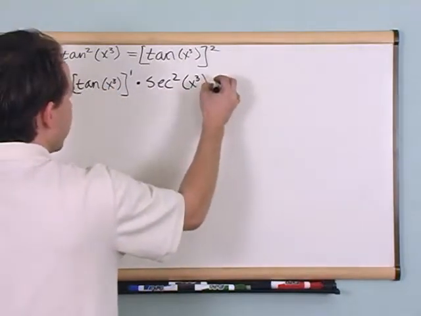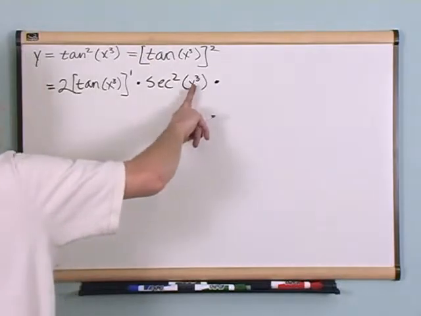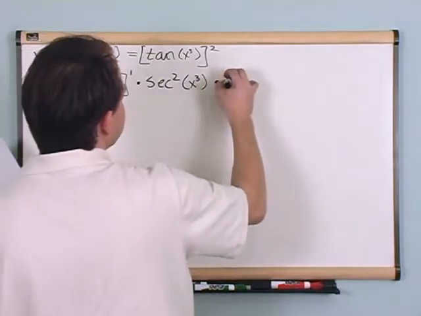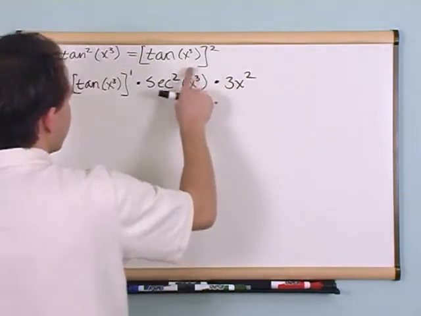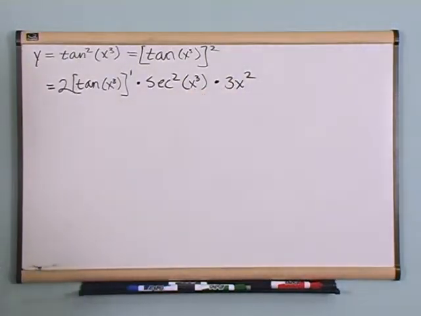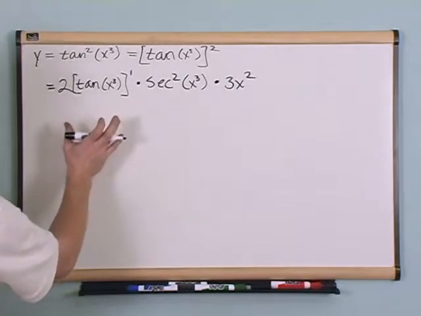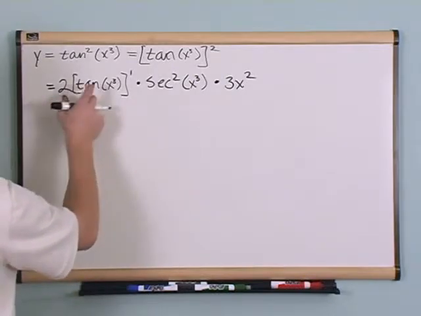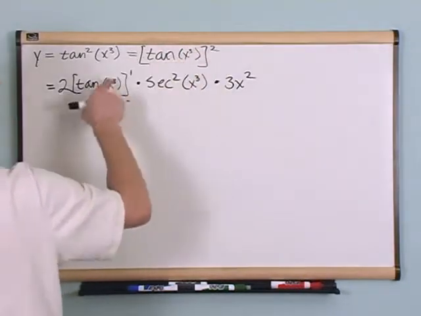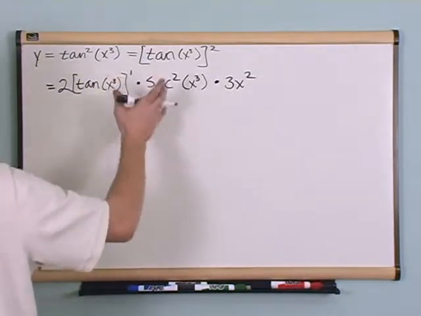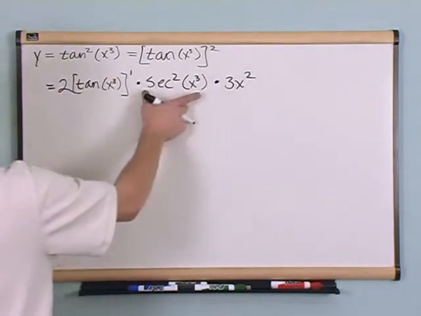Now, to move further, I've got to take the derivative of the inside again. Derivative of that is simply 3x squared. 3 comes out of the exponent, and then you have x squared. So here you did the chain rule kind of twice. You have 2 times the inside raised to the first power, and then taking the tangent gives you secant squared.